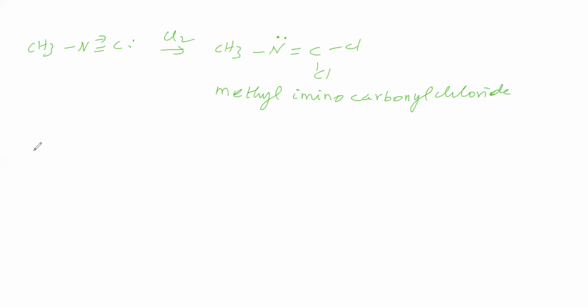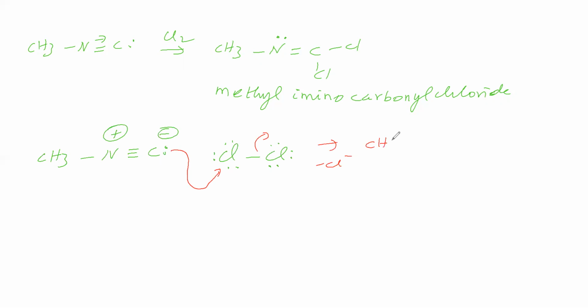Okay, now we will see the mechanism. Now the CH3N triple bond C. Carbon is having negative charge, nitrogen is having positive charge. Cl2 we will write. Each Cl is having 3 lone pairs in its Cl2 molecule. Now Cl is having vacant 3d orbital. This lone pair is attacking this. This bond is shifting. So Cl minus is leaving.